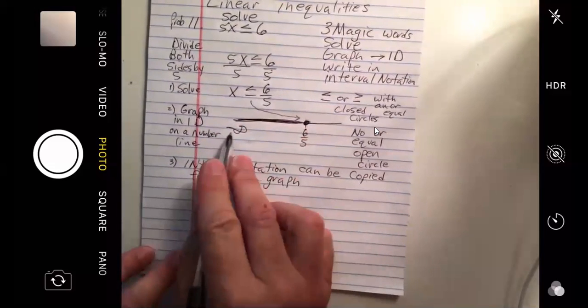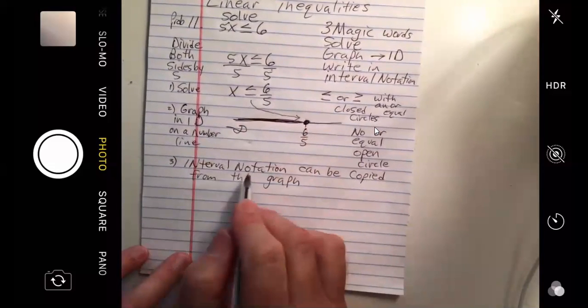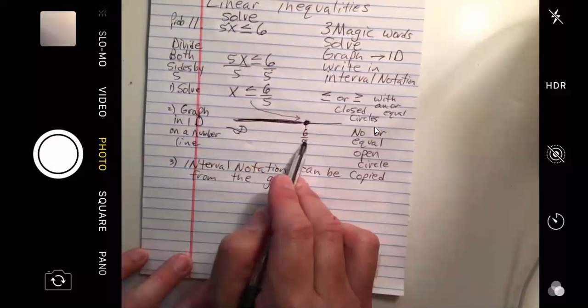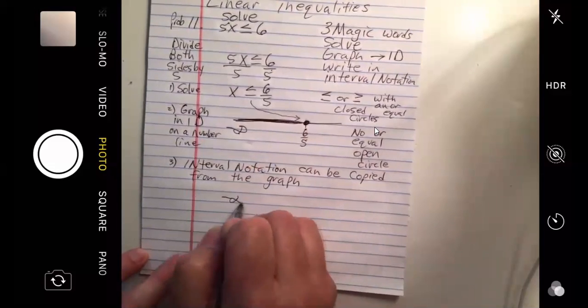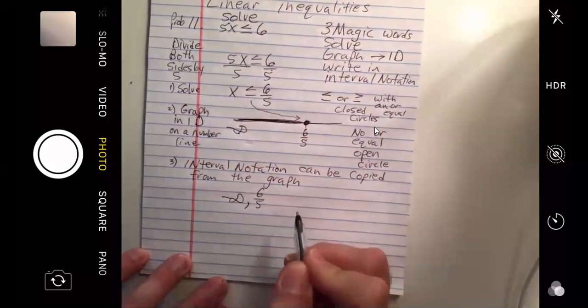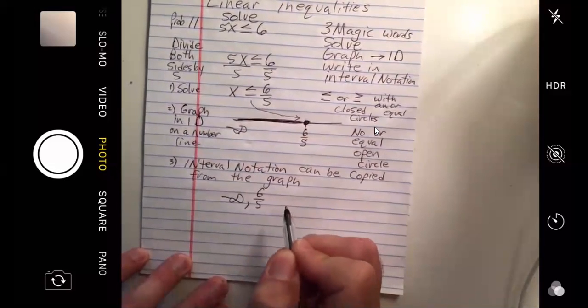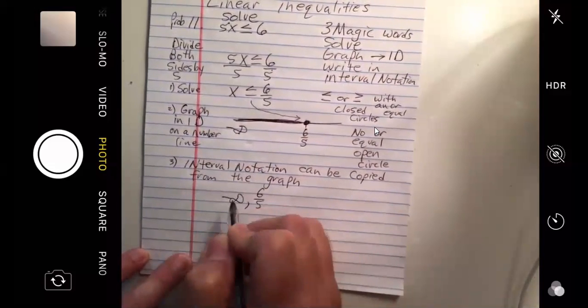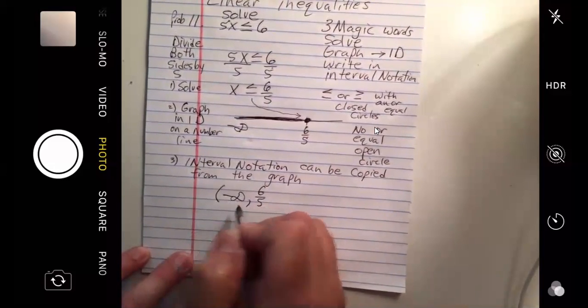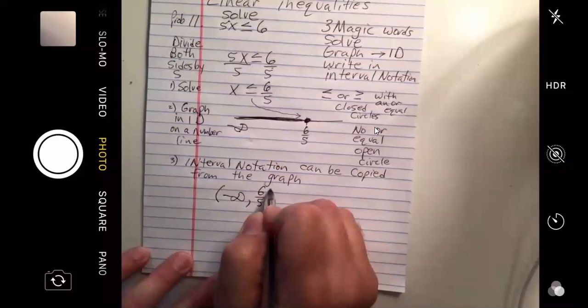Interval notation compresses the number line down to just the beginning to the end. So I would write negative infinity comma 6/5. And you stick parentheses on the negative infinity, and on this one, a bracket on the 6/5.